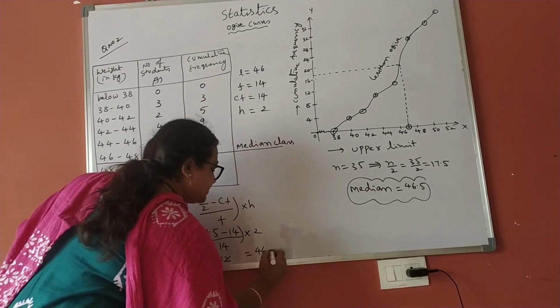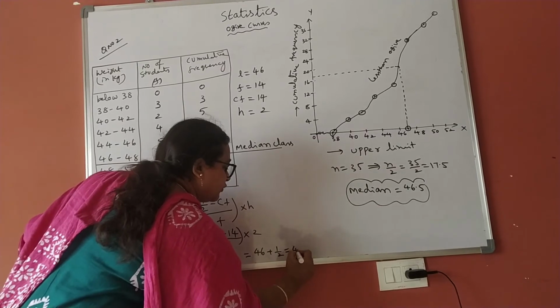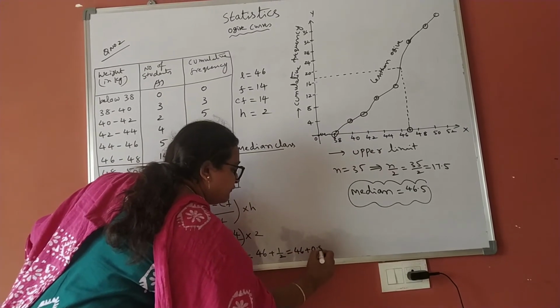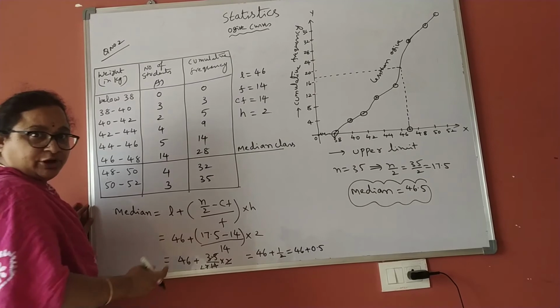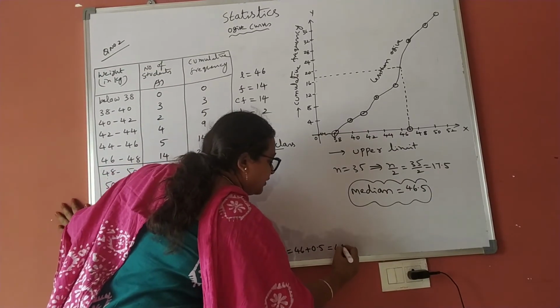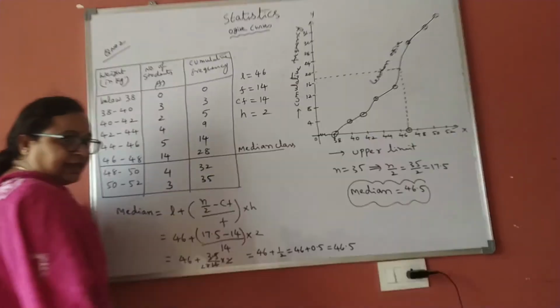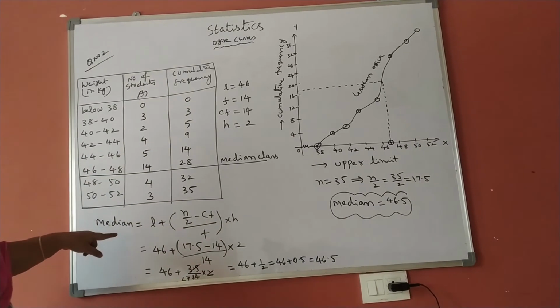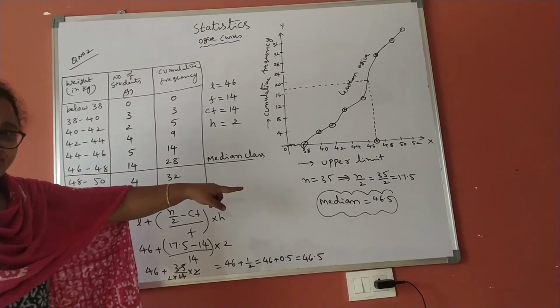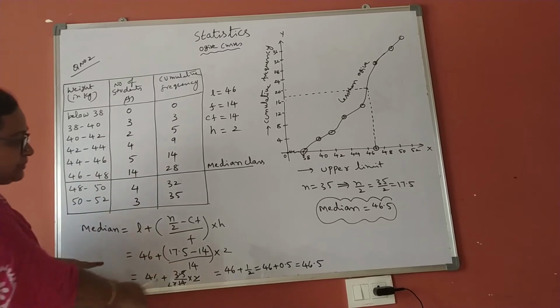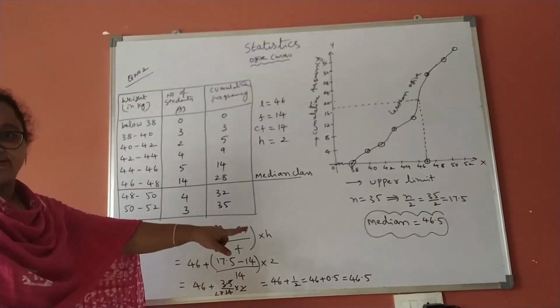This is 46 plus 1 by 2, that is 46 plus 0.5. 1 by 2 is nothing but 0.5, that is 46.5. In both the cases we got the same answer, that is from the graph median 46.5. Using the formula also we got the exact value as 46.5.